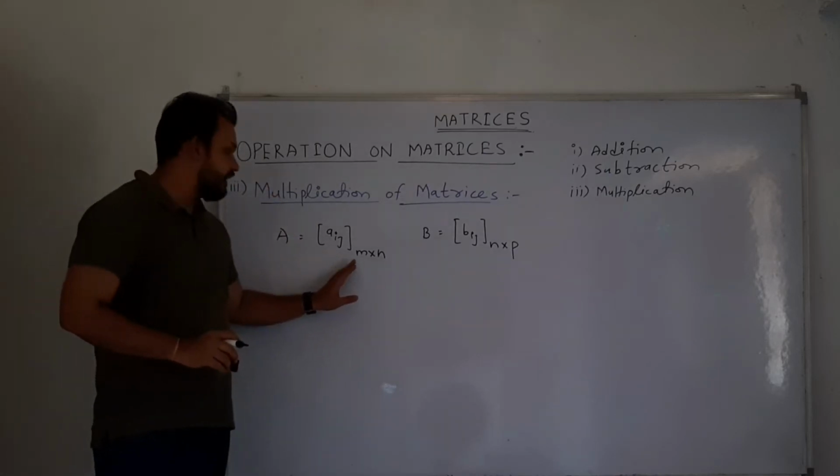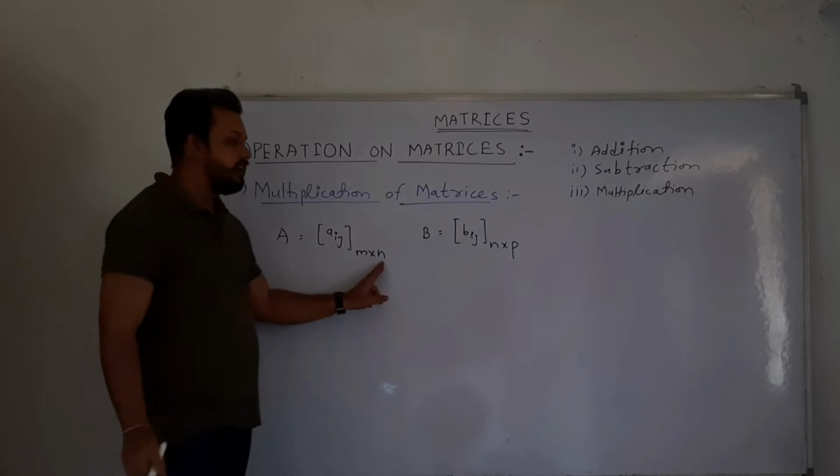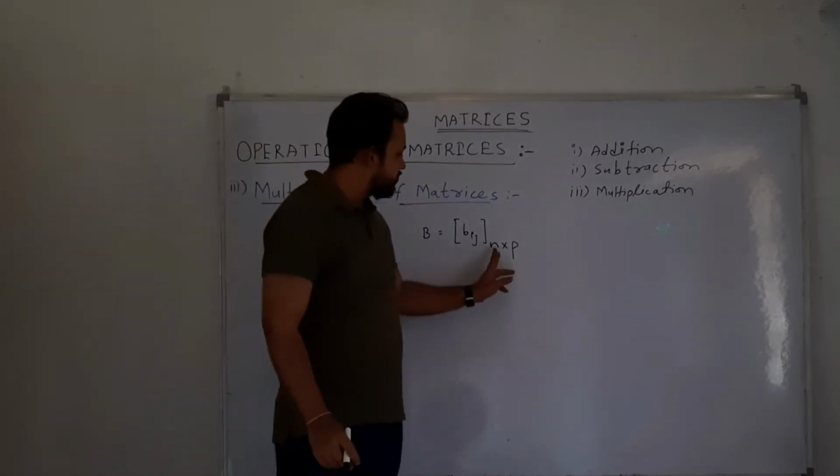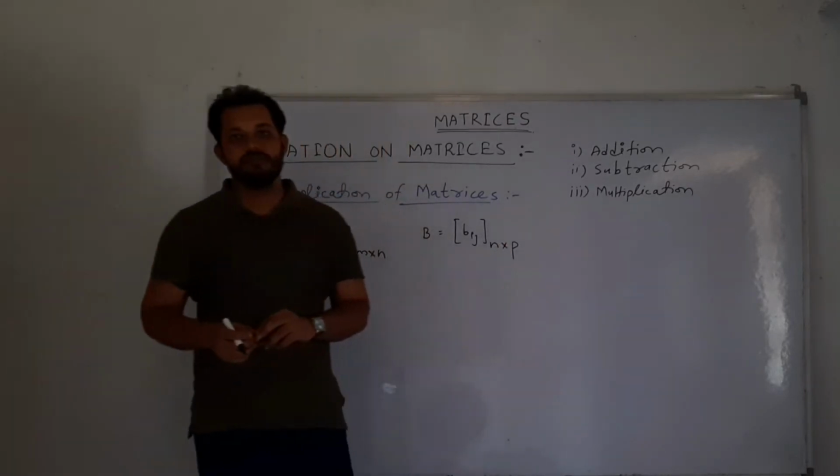The order of the first matrix is M cross N and the order of the second matrix is N cross P.